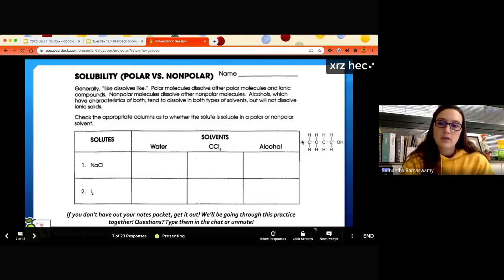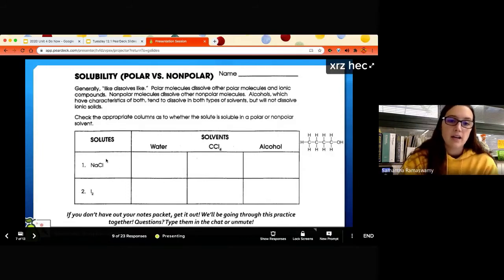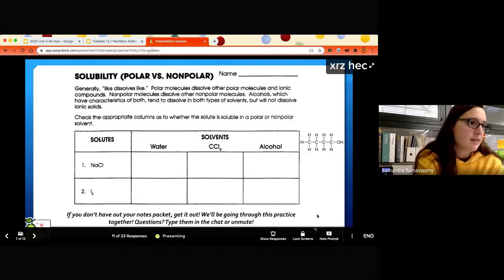So you can notice you have all these C's and H's. So a large portion of an alcohol has London dispersion forces, and then you have some that will exhibit hydrogen bonding. So I want you to try 1 and 2. So figure out what solvent. You could put multiple check marks, but I want you to try and see.